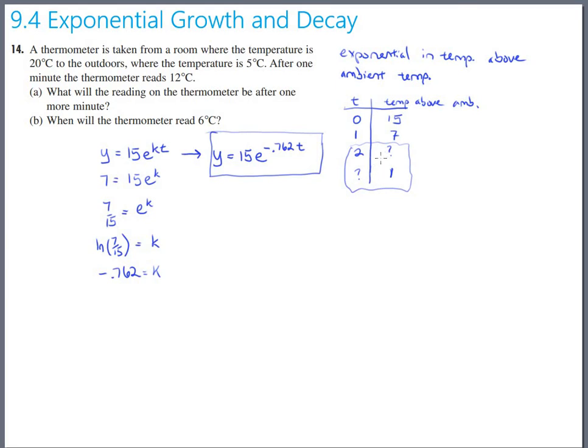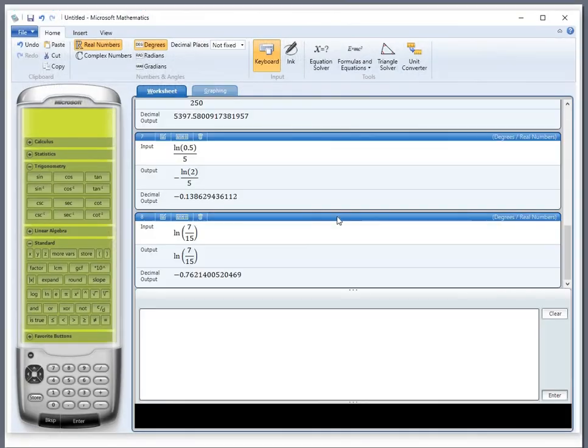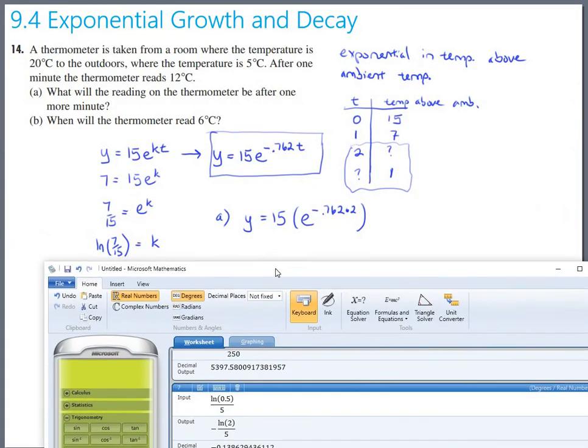So if they want to know what the temperature above ambient is at time 2, say the temperature above ambient. It's a multiplication dot, not a decimal dot. The temperature above ambient at time 2 will be that. Let's see if we can.